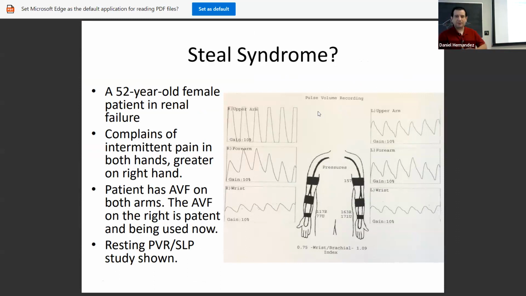So this was a PVR SLP done on a patient where they were questioning if the patient had subclavian steal syndrome because they were having symptoms, intermittent pain in both hands, greater on the right side. They have a fistula in both arms. The AVF on the right side is the one that is patent and now being used.